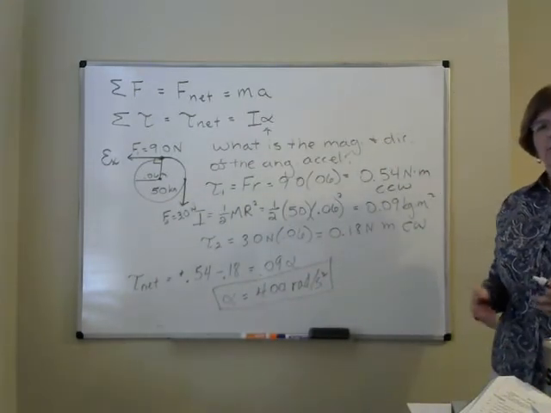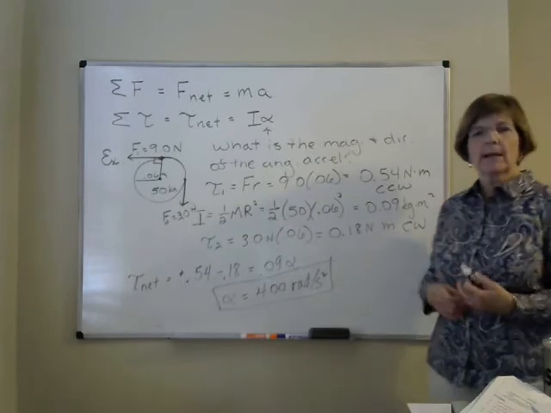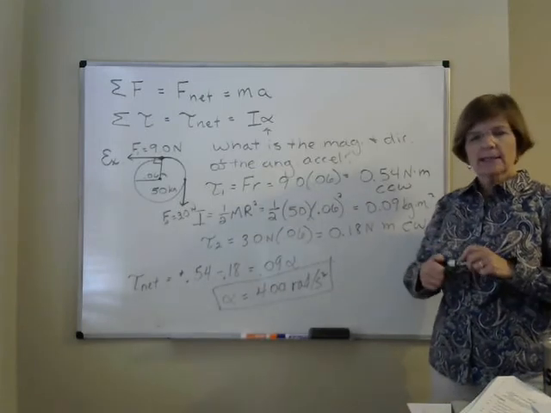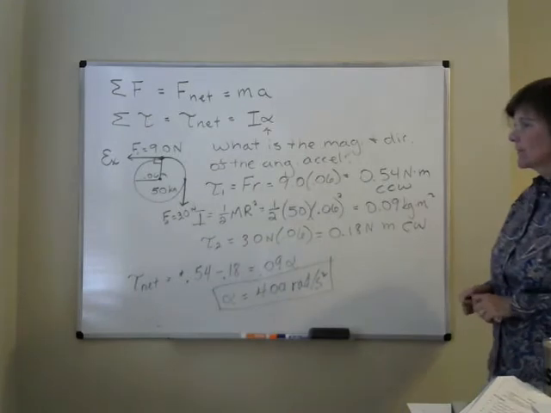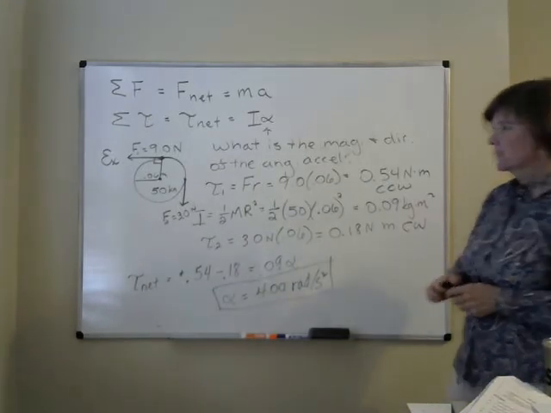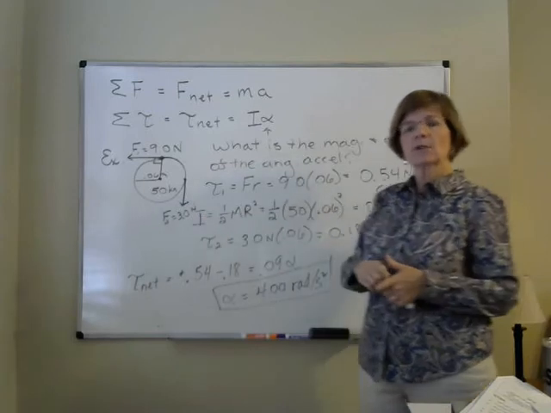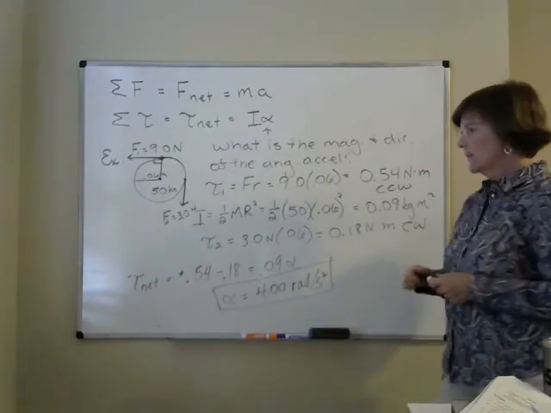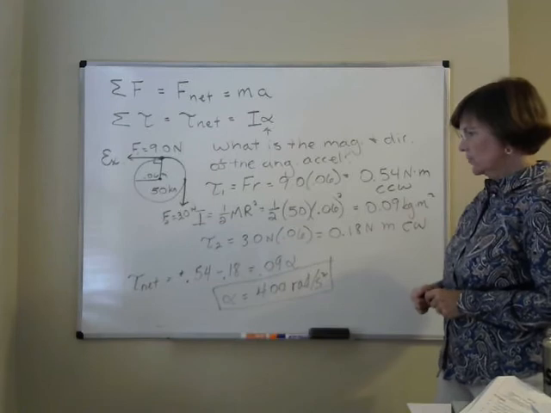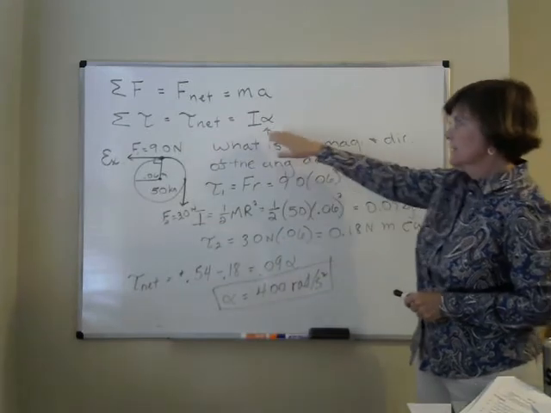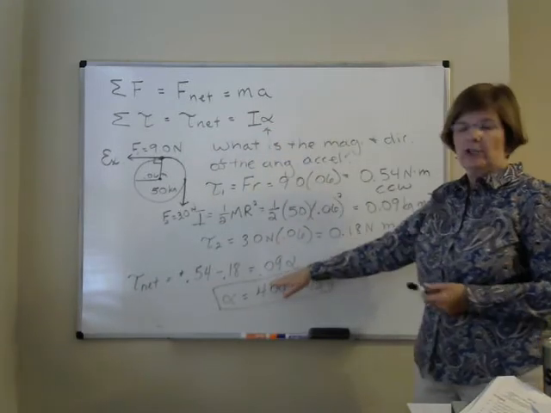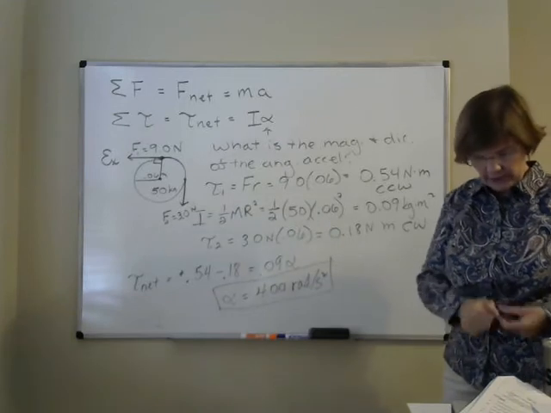If we had 2 forces and one kind of opposed the other, like maybe a frictional force, the acceleration would be less. Well, if we have a torque that's opposing this initial torque, that could be a torque due to friction. I don't know what's causing that opposing torque. But in that case, we would look at the net torque, and the net torque still equals I alpha. I didn't change, but alpha had to change.